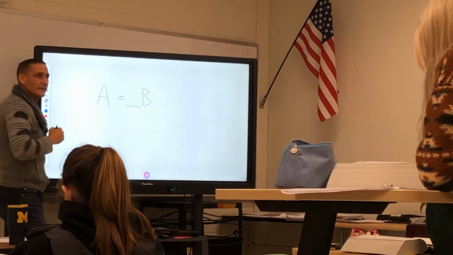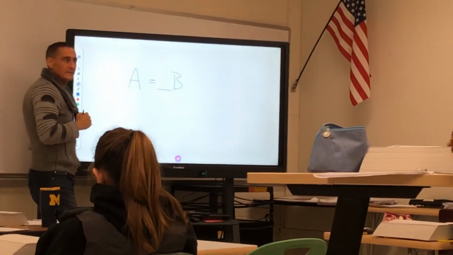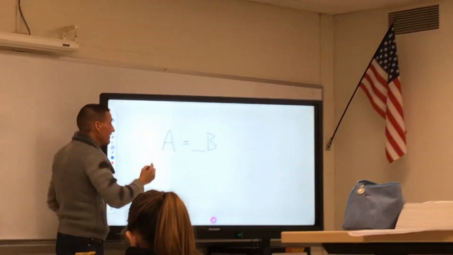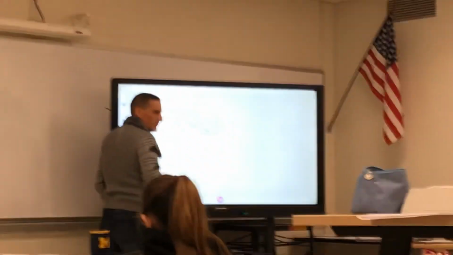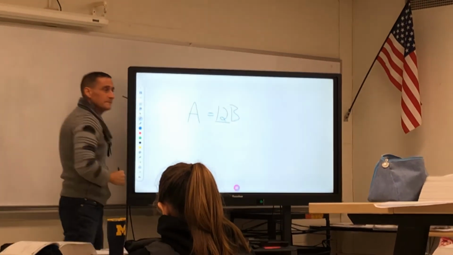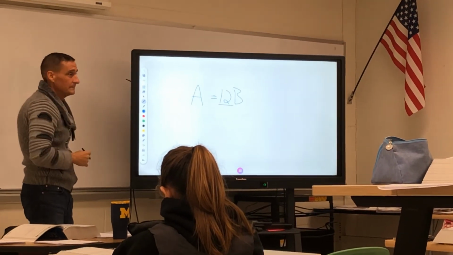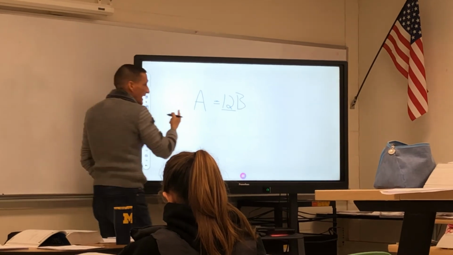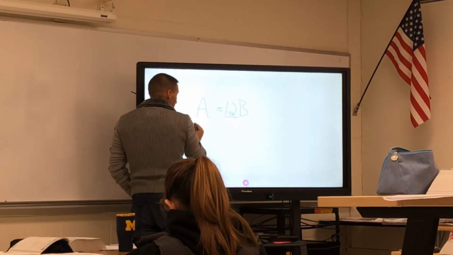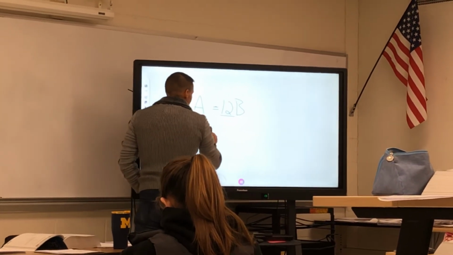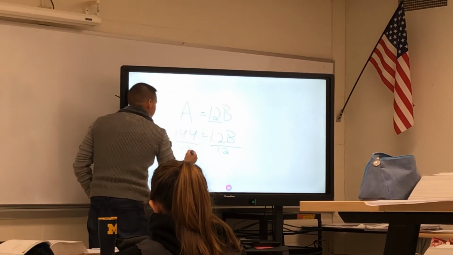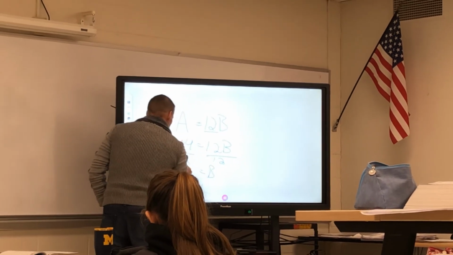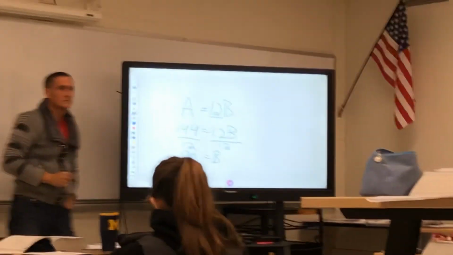How much bigger is A than B? 20% more. So how do I show 20% more than 1? Put the 0 if you want. Solve. What is A? What did it tell you A produces? 140. Right?